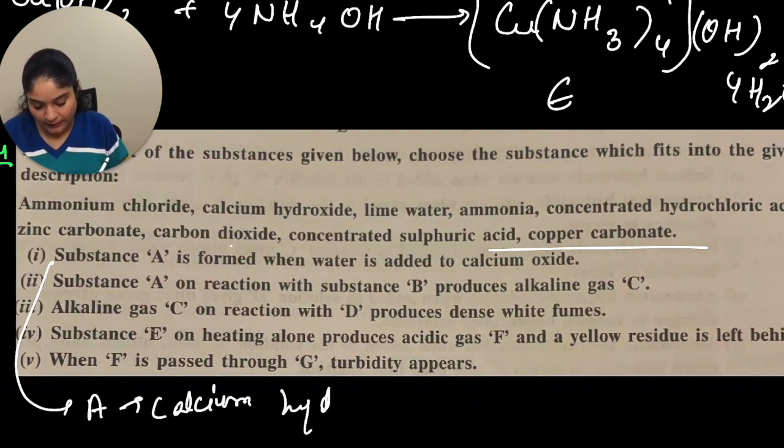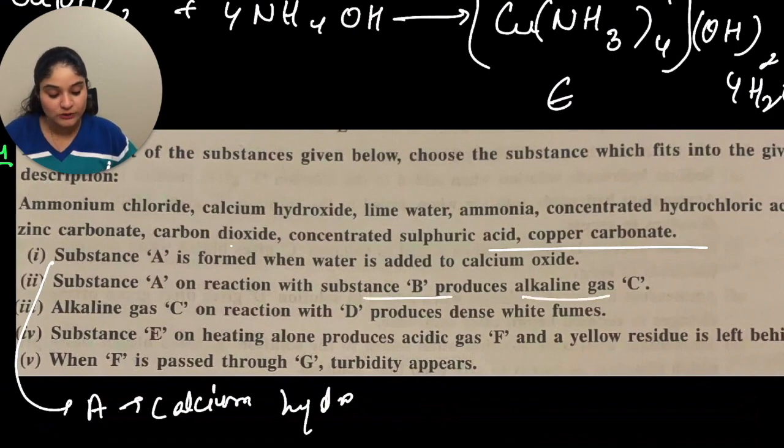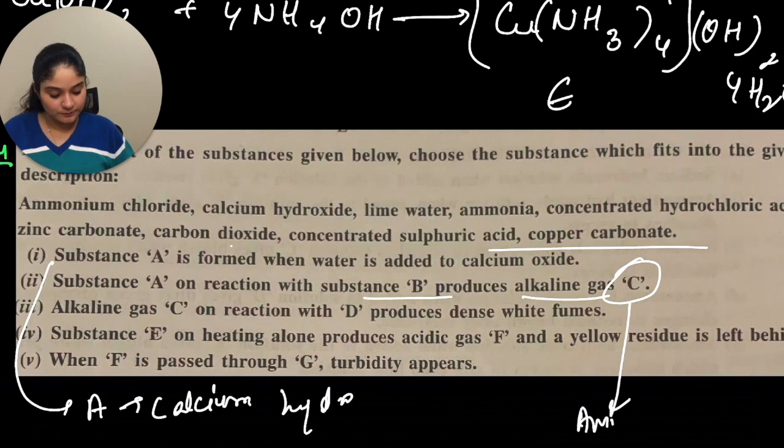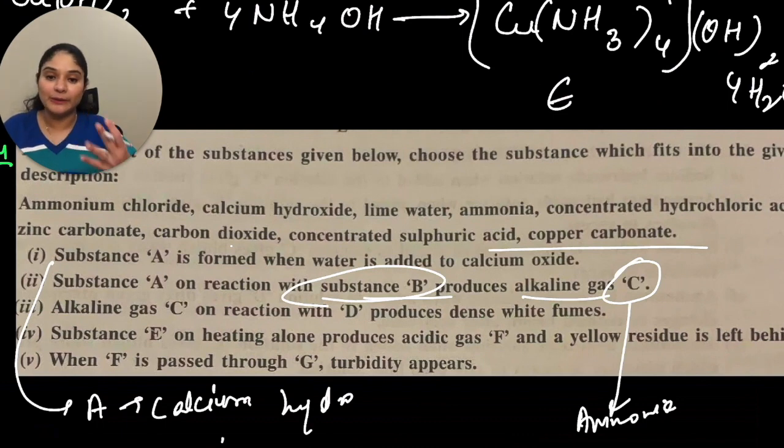Then substance A on reaction with substance B produces alkaline gas C. So what is your alkaline gas C? That is always ammonia. So if you have to identify C, that is ammonia. Substance A, calcium hydroxide, is reacting with substance B to give ammonia.